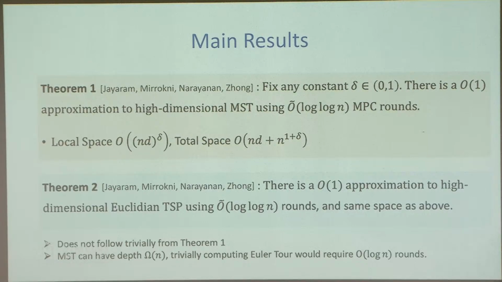If you use the standard doubling algorithm, you need log n number of rounds. We show that using the geometric structure, we can output this path in a constant number of rounds as well. But due to the time limit today, I will not talk about how to get this TSP. I will mostly focus on how to get this MST.